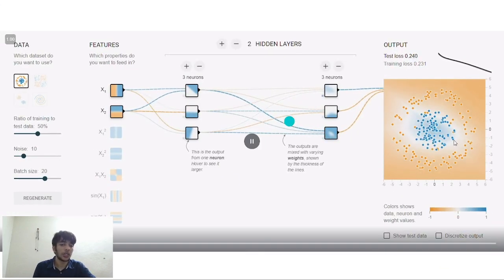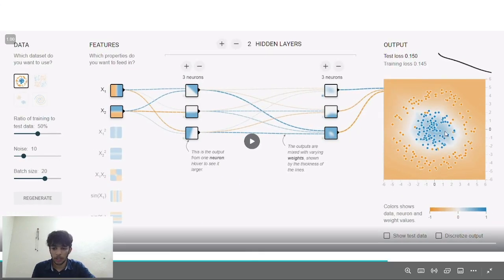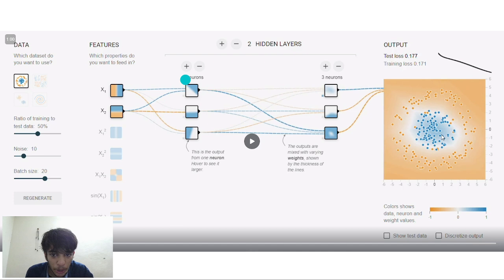Okay, here is a visualization of a neural network that's under training. What you can see over here is the input neuron, our input vector x1, x2, and this is the vector that our input is being mapped onto.